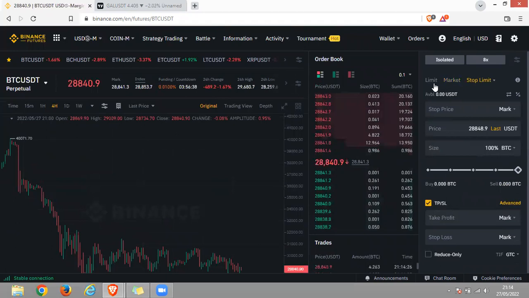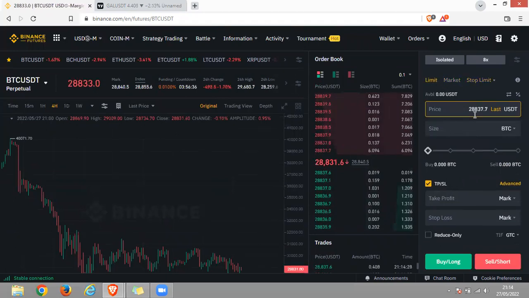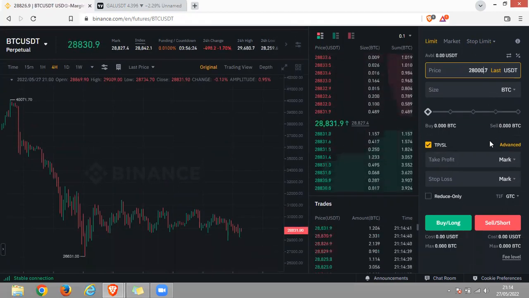So let's say, for example, I am buying with limit. This is my limit price. Let me say I want to buy at 28,000 on the dot. So my take profit should be, let's say, 30,000, for example. Now my stop loss should be 26,000.